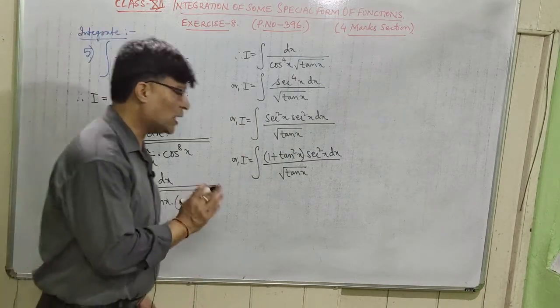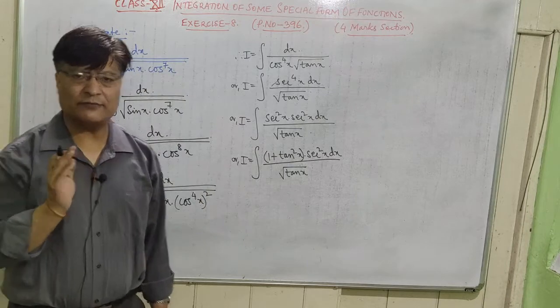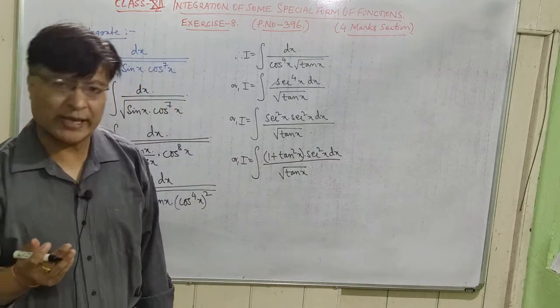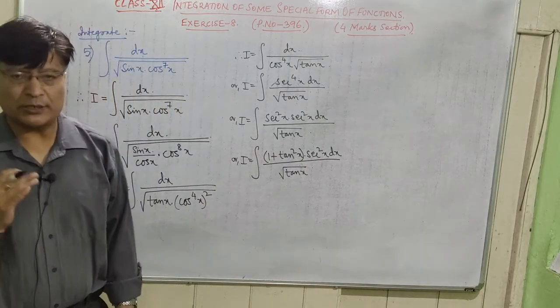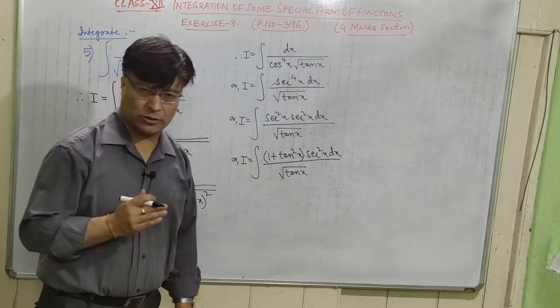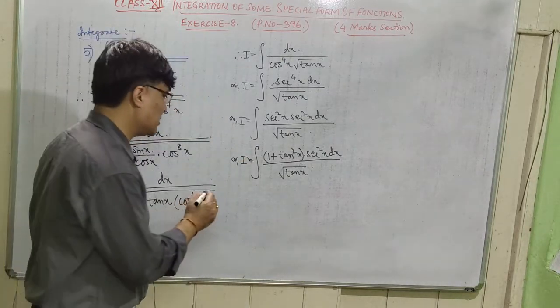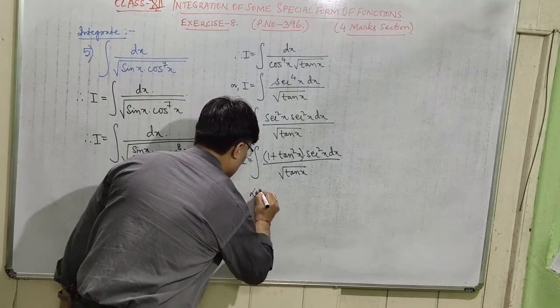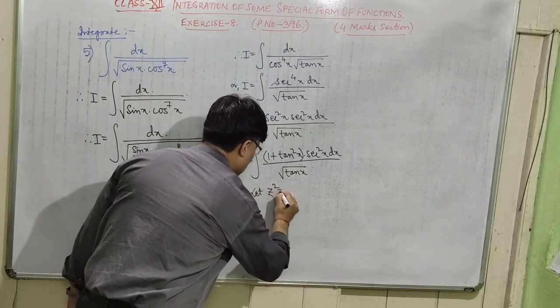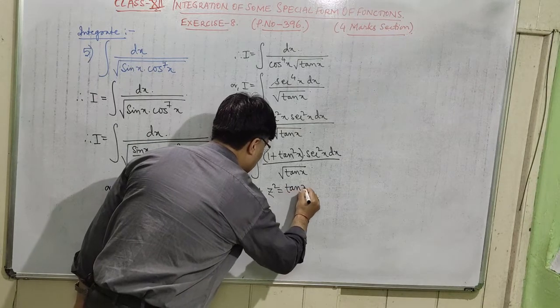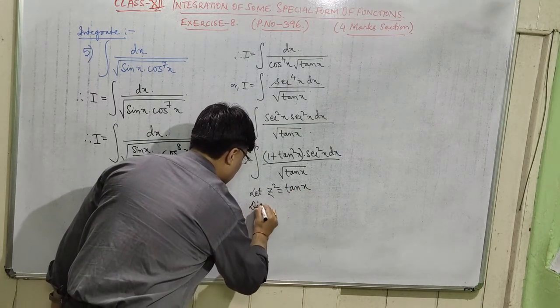Since you know that the differentiation of tan x is sec square x, we can assume tan x as z. But since the expression is under the square root and in the denominator also, you can assume tan x as z square. Let z square is equal to tan x.